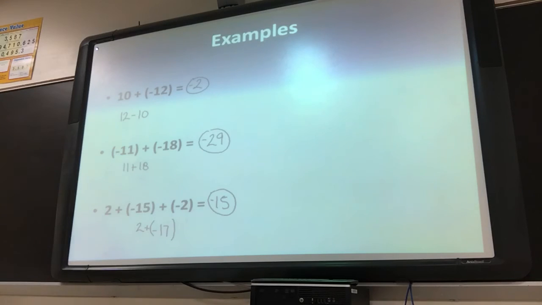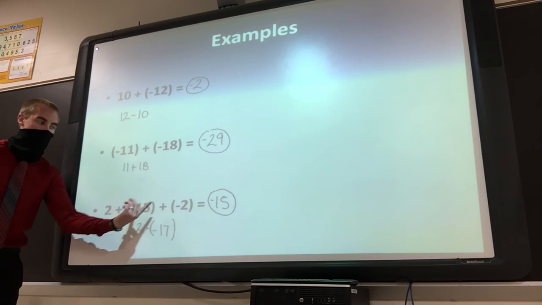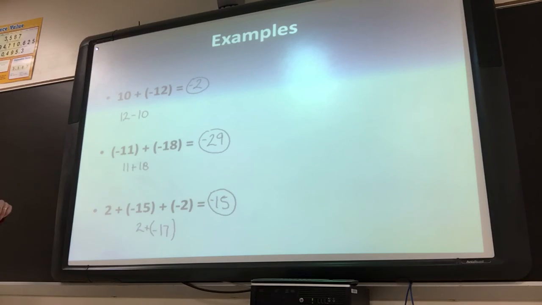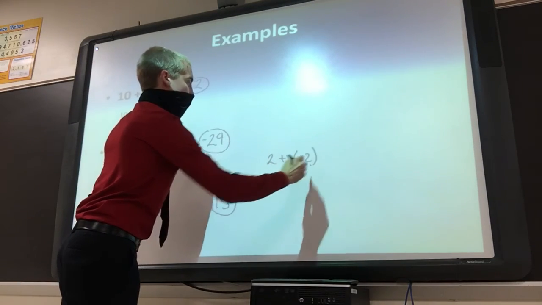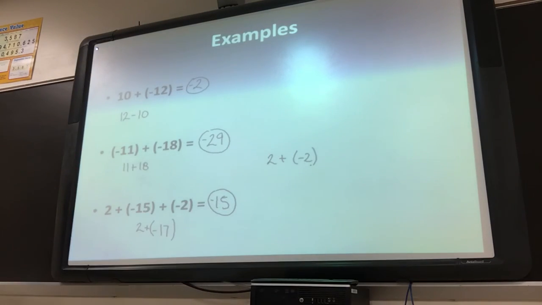There were other ways you could do this as well. You could have done it right in order. Or, I want to show you the trick now. 2 and negative 2. If you add those together, 2 plus negative 2, what is the answer? 0, right?